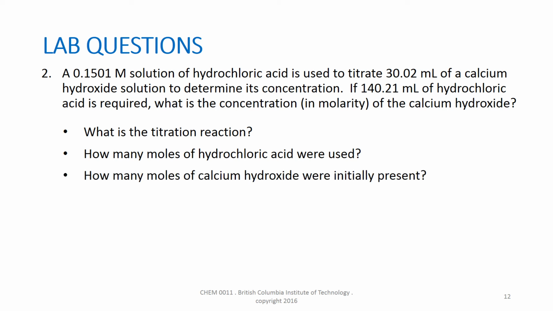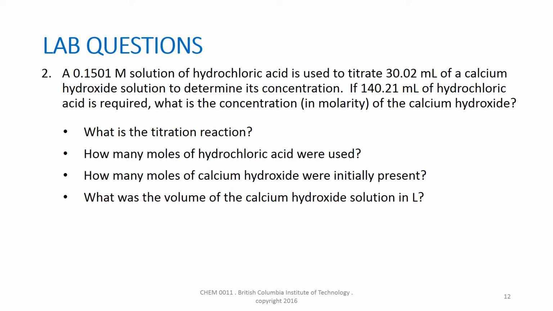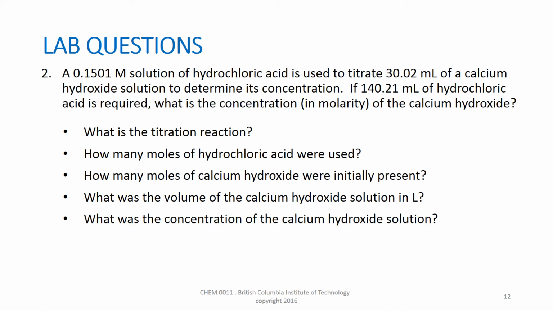By using the mole ratio from the balanced titration reaction, the moles of hydrochloric acid used can be converted into the moles of calcium hydroxide initially present. Convert the volume of the calcium hydroxide solution to liters. Dividing the moles of calcium hydroxide by the volume of the calcium hydroxide solution will give the concentration of the calcium hydroxide solution. Remember to watch your significant figures.